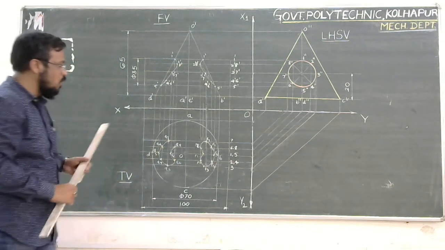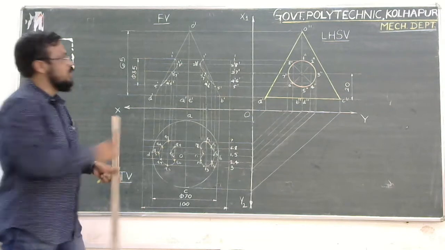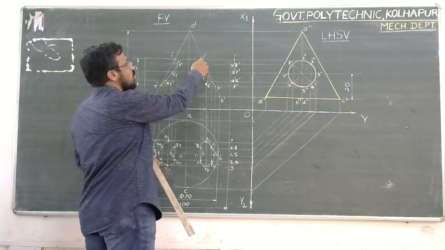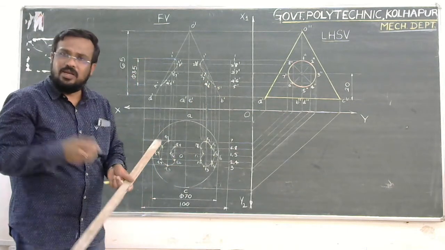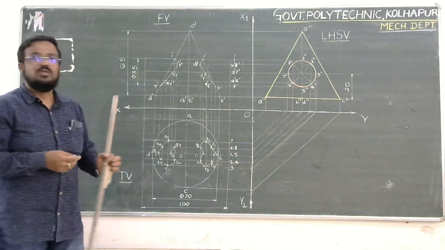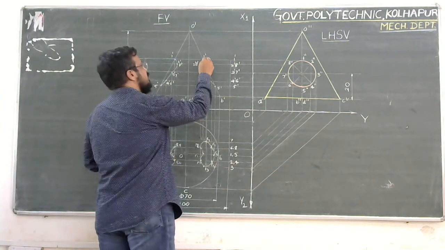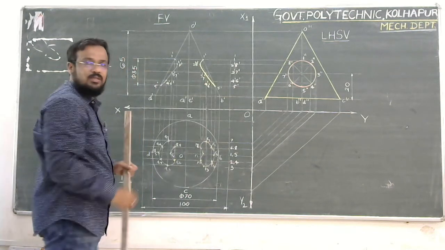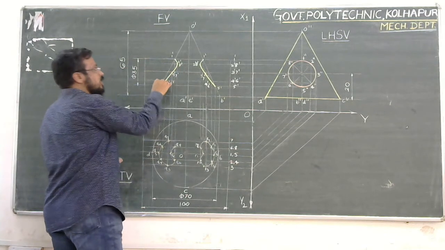Okay. Now I need to show the concept of visibility here. In the front view, if you apply visibility, all these cut surfaces are going to be visible because the cylinder is being penetrated into what? Cylinder is being penetrated into cone. So this purposely I will show with the help of a continuous line because it is straightway intersected surface.